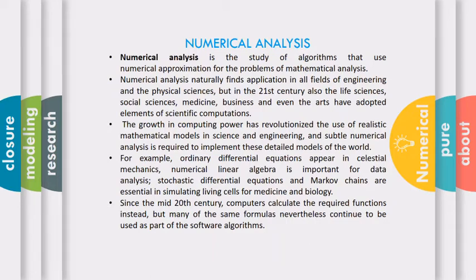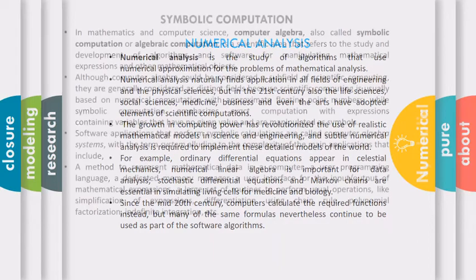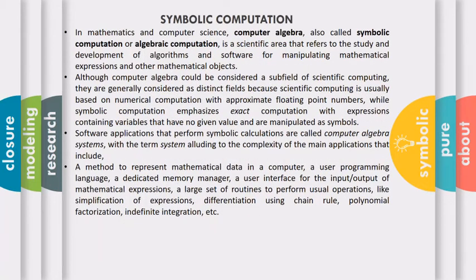So here you can see how important these things are. Now we have symbolic computation, the fourth part of applied mathematics. In mathematics and computer science, computer algebra, also called symbolic computation or algebraic computation, is a scientific area that refers to the study and development of algorithms and software for manipulating mathematical expressions and other mathematical objects.